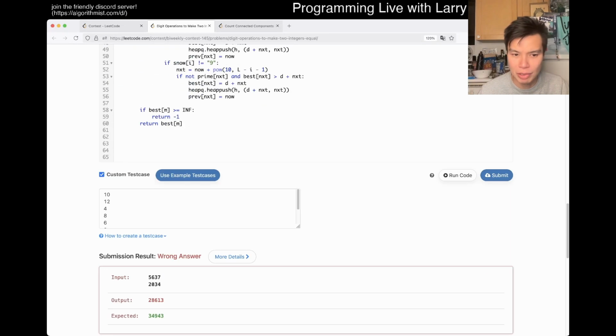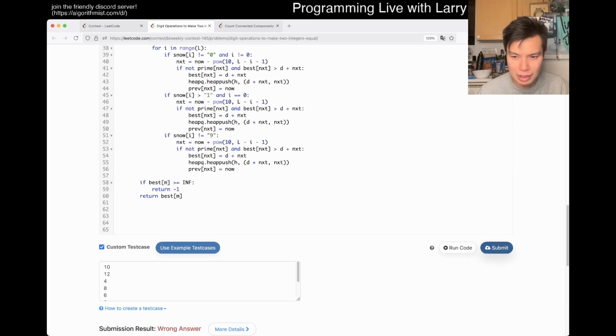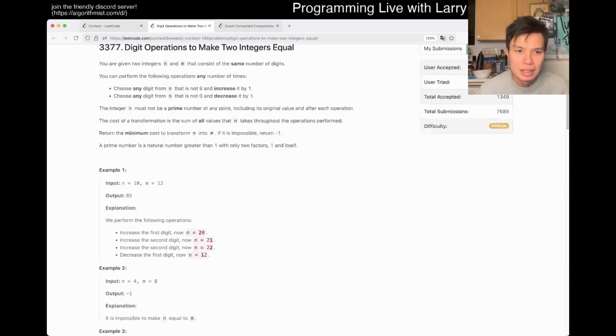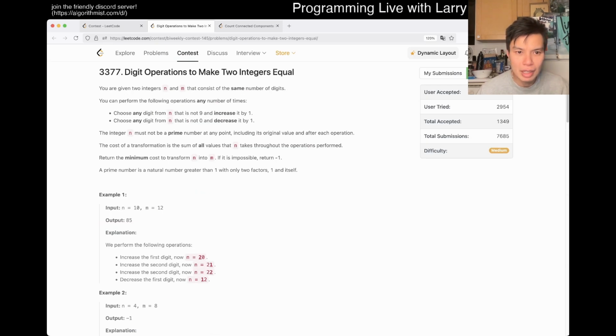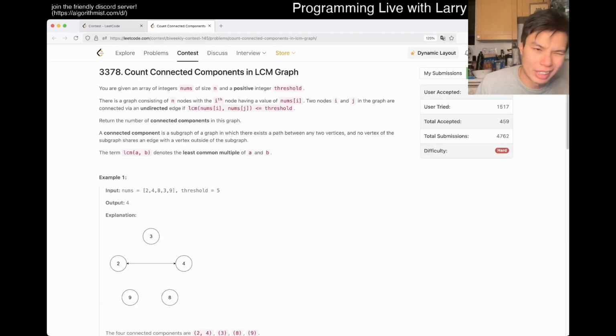I mean, they should have clarified it, honestly. All right, let's YOLO submit this. I mean, the code is ugly, but I just want to, I mean, I don't think that's clear at any time that that's wrong answer. That's kind of a bad problem, or like a bad edge case anyway. I mean, maybe the problem is fine actually. Okay, let's see.